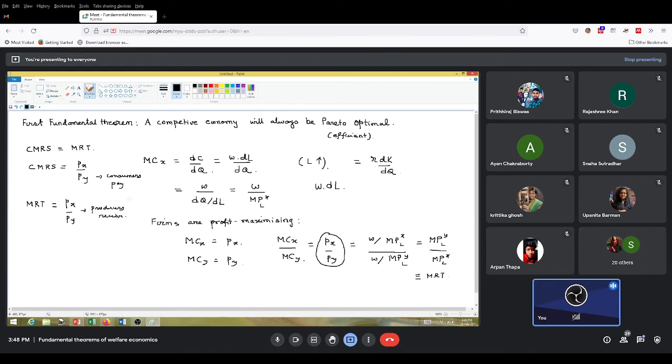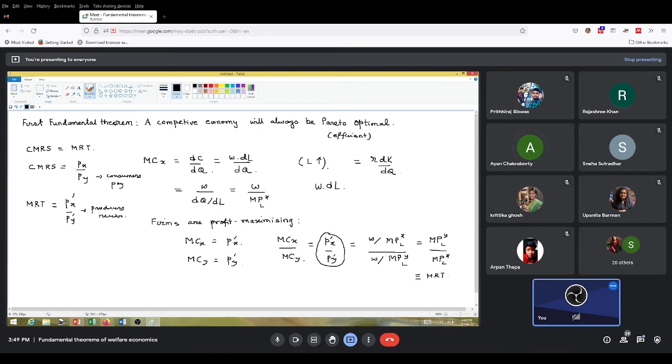When is there a gap between these two prices? When is this PX not equal to this PX? Let me put in a slash over here. So tax. Exactly. If I have a profit tax, or lump sum tax, will the price be different?